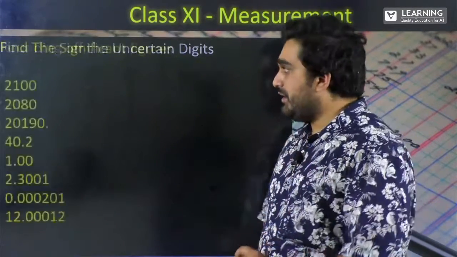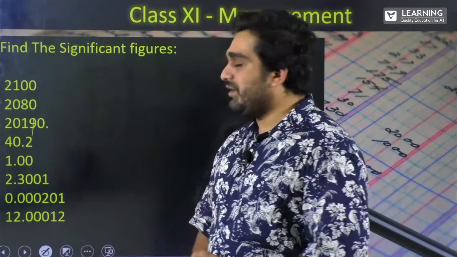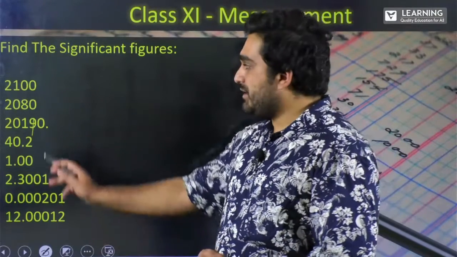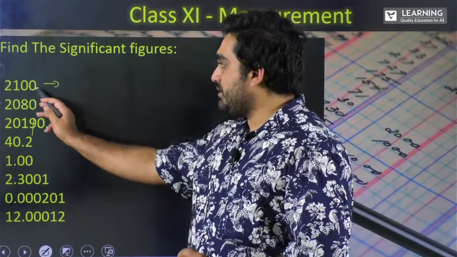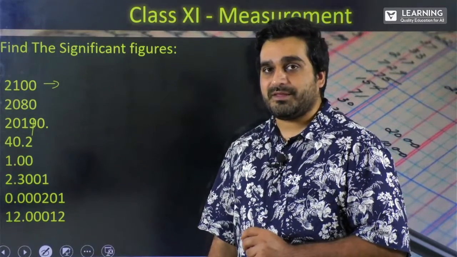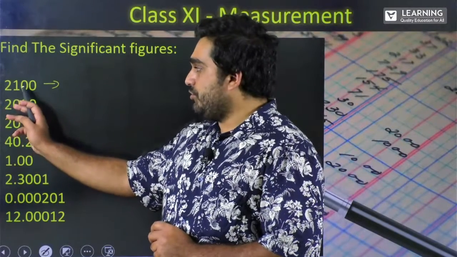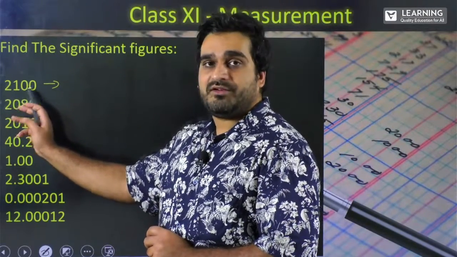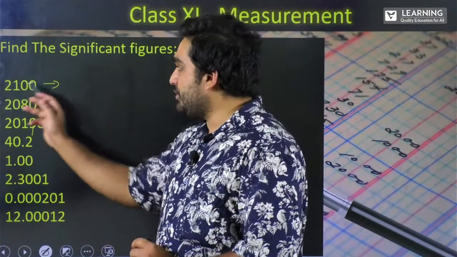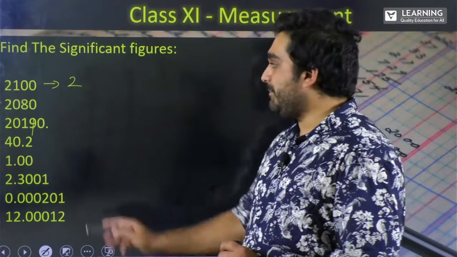But first, let us try to identify the significant figures in the following examples. First one, how many significant figures in this particular example, which is 2100? You have one non-zero number, two non-zero numbers, and then trailing zeros. We don't care about the trailing zeros. So in this case, you have only 2 significant figures.